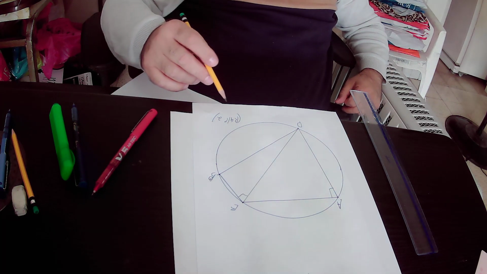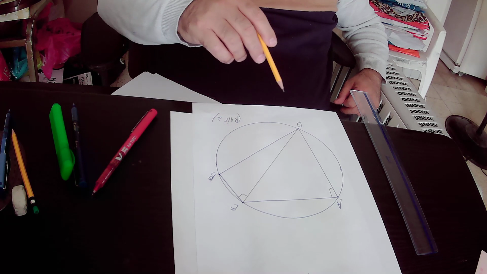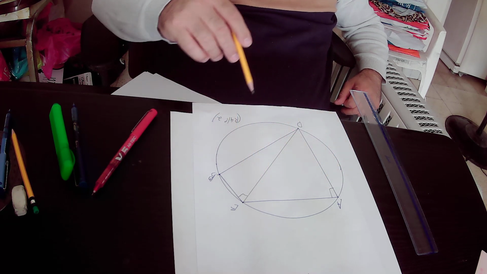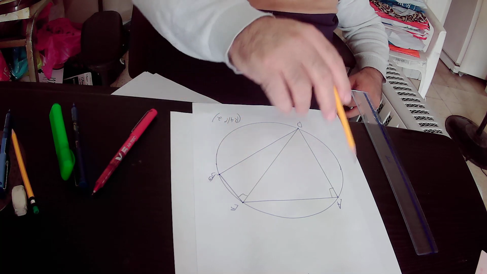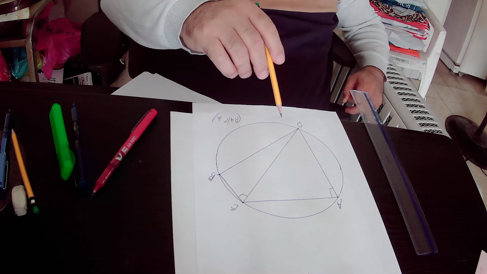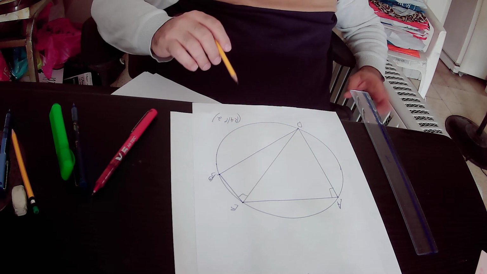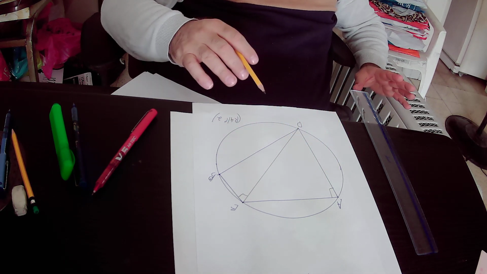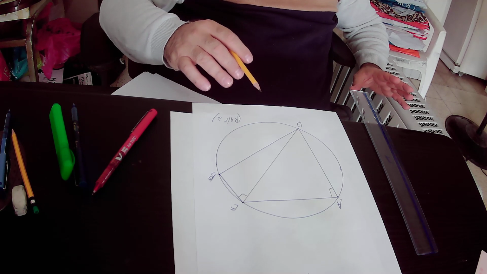Therefore, according to rule number 2, the quadrilateral AEBD is inscribed by this blue circle, and all 4 points A, E, B, D lie on this blue circle. So this drawing is true according to rule number 2.